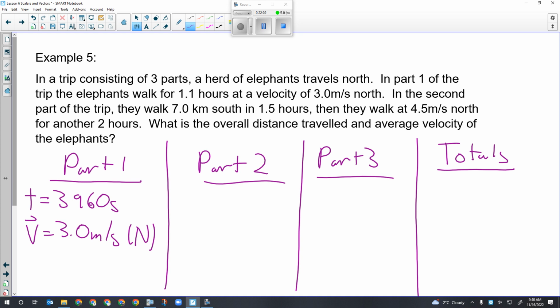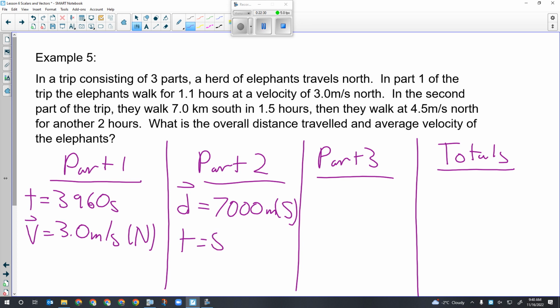In part 2, they walk 7 kilometers south. Okay, I need to convert 7 kilometers to meters. How many meters in a kilometer? 1,000. So how many meters in 7 kilometers? 7,000 meters. Right, and they do that in 1.5 hours.